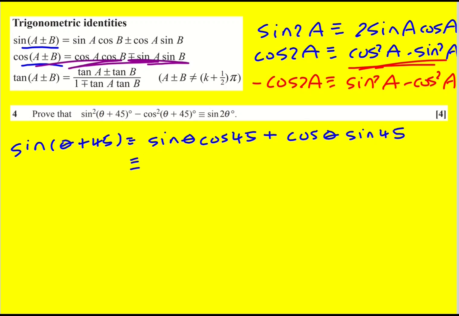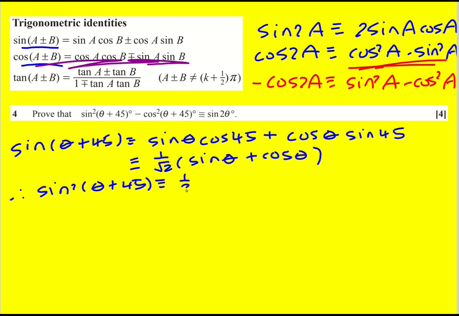And cos 45 and sine 45 are actually 1 over root 2, so we get 1 over root 2 sine theta plus cos theta. And therefore, sine squared theta plus 45 is 1 over 2 sine theta plus cos theta all squared.